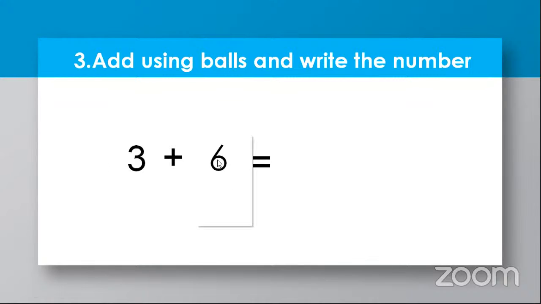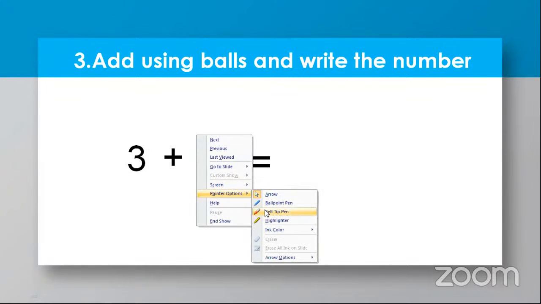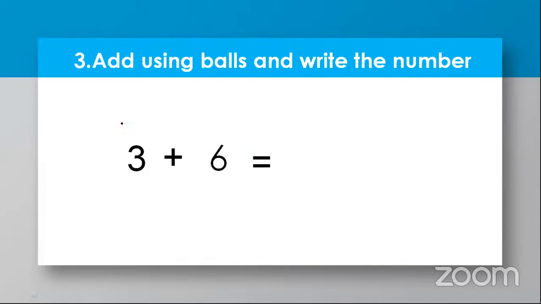So I want someone to tell me how many balls I am going to draw for number 3. 3 balls. Very good. So let us draw. 1 ball, 2 balls, 3 balls. Then plus 6.